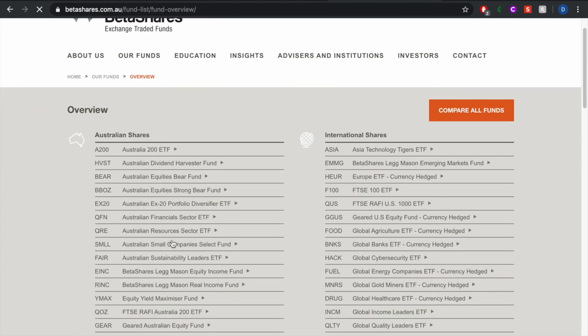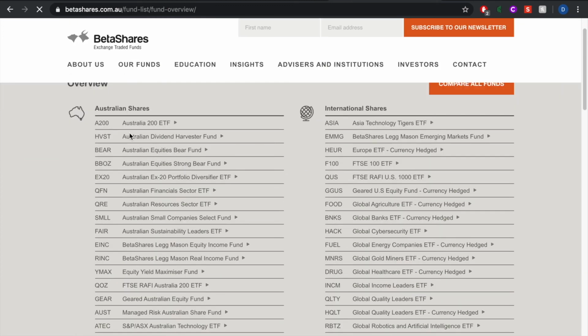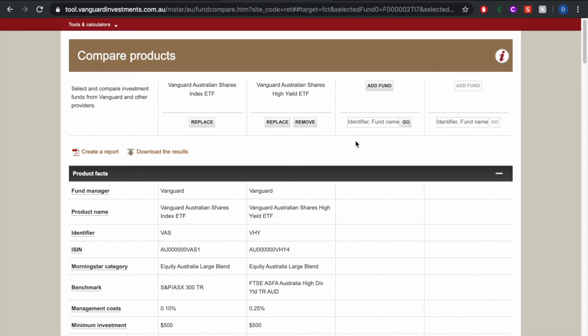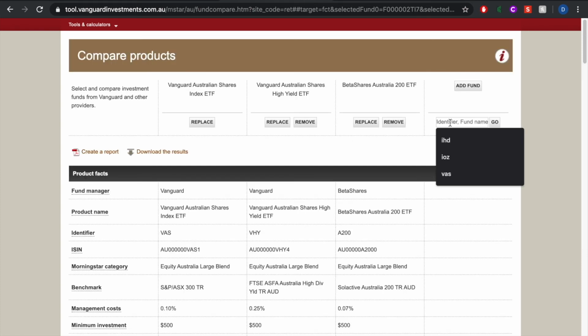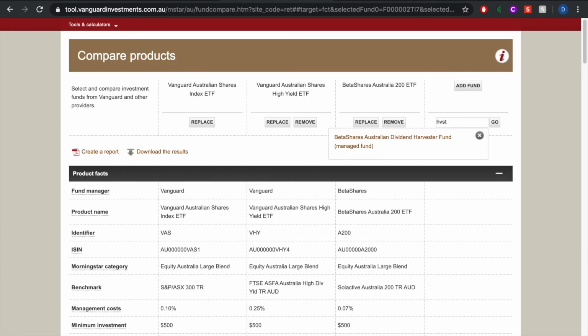Say if I want to compare the Australian Dividend Harvester Fund HVST and the Australian 200 ETF, I'll just remember the code A200 and HVST, and then I come here, A200 and HVST.